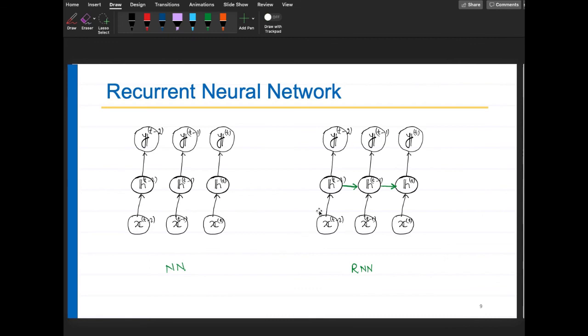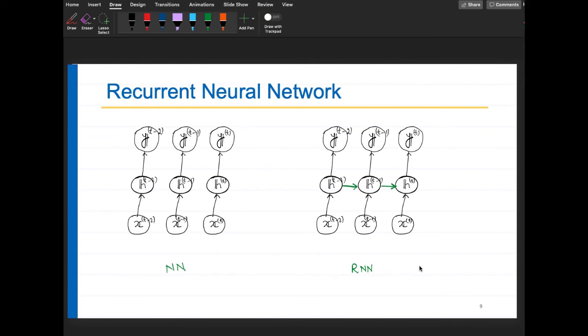That is the most logical thing to do, isn't it? Just add connections across time and you get dependency across time. So now your yt is dependent on xt minus 1 via this path, and it depends on xt minus 2 via this path, right?